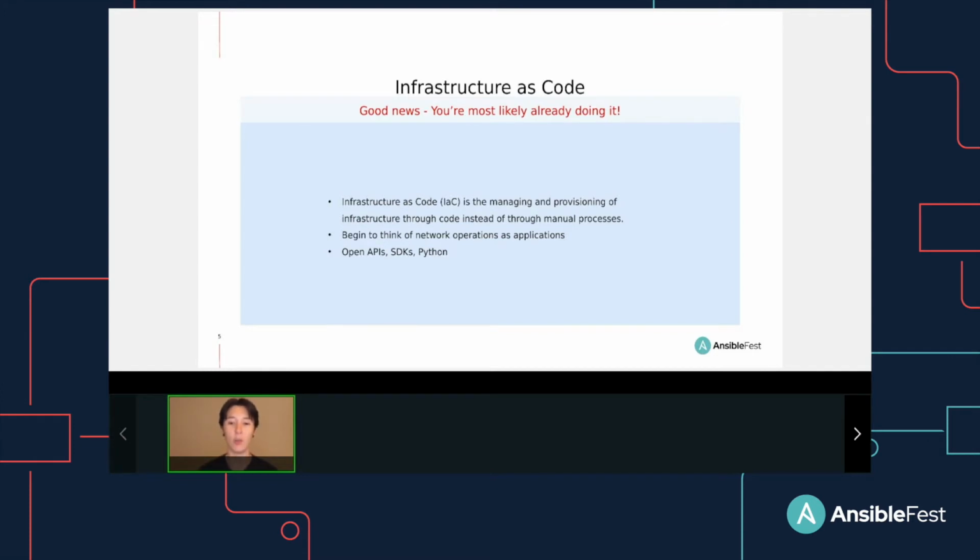But again, in order for us to really implement infrastructure as code, in order for those different processes to talk to one another, we need a way for them to do that. And to do so, you need things such as open APIs or even SDKs, so the software development kits. We need to have this ability in order for us to programmatically interact with whatever solution you provide.